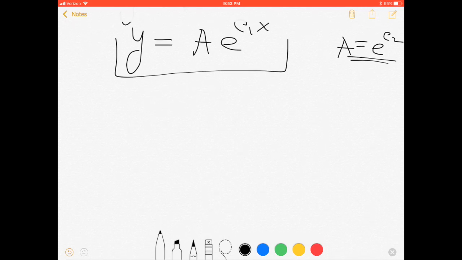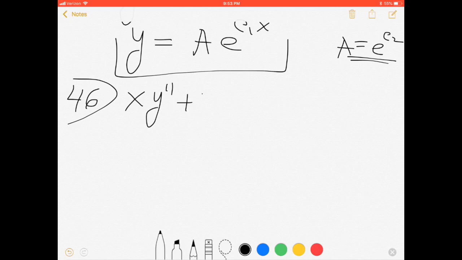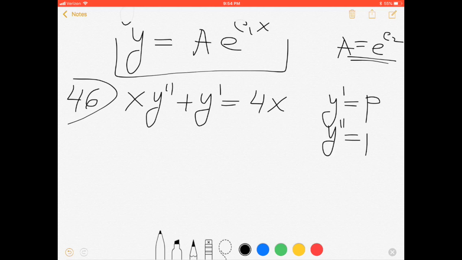Try solving two more examples. They're from your homework, similar to your homework. Number 46. Here we have x times y second derivative plus y first derivative equal 4x. As you can see, this is a differential equation without y. This means y prime equal p, and y second derivative will be p prime.